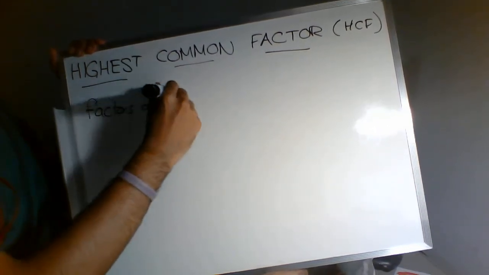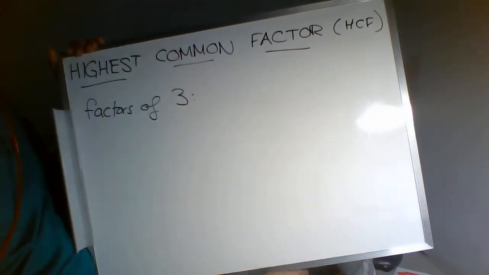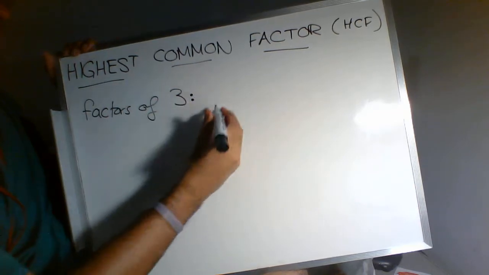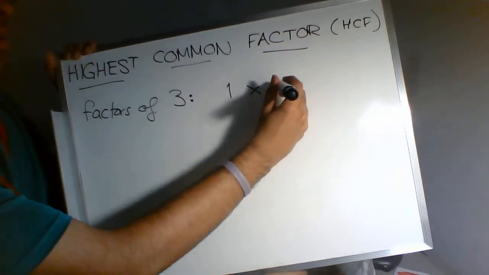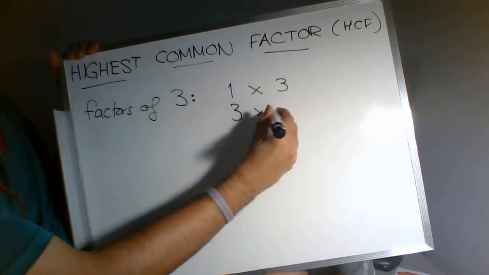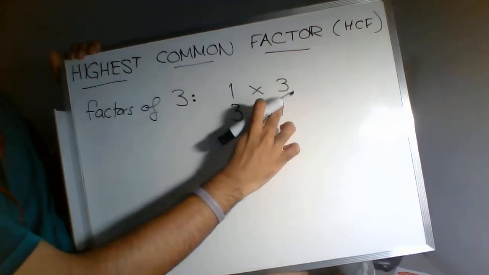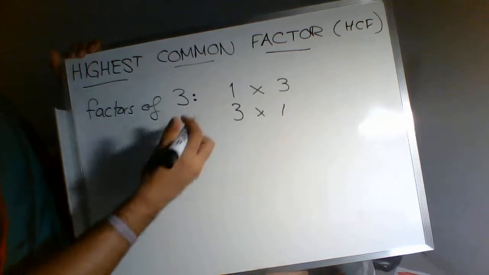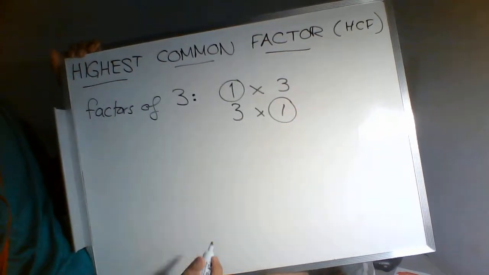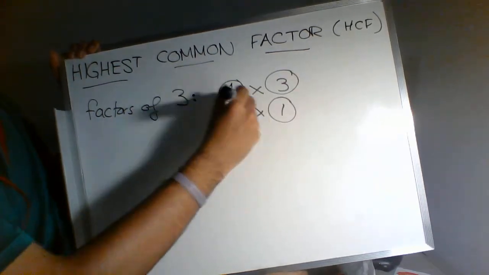So if we look at the factors of the number 3, the only numbers that you can multiply together to get an answer of 3 are 1 and 3, right? You can do 1 times 3 and you can do 3 times 1, and that's it. So how many different numbers do we have here? Well, we have the number 1, which shows up twice, and we have the number 3 that shows up twice.